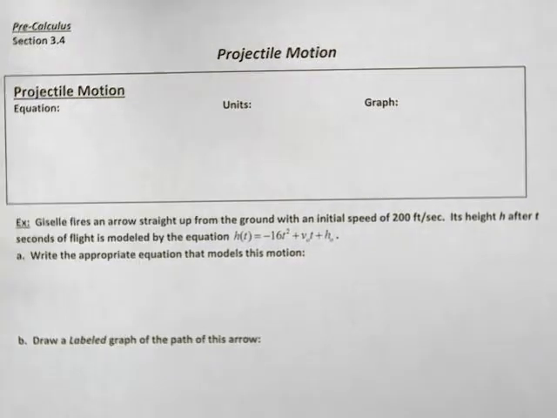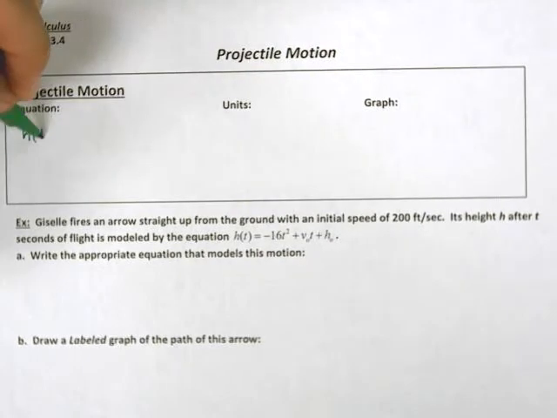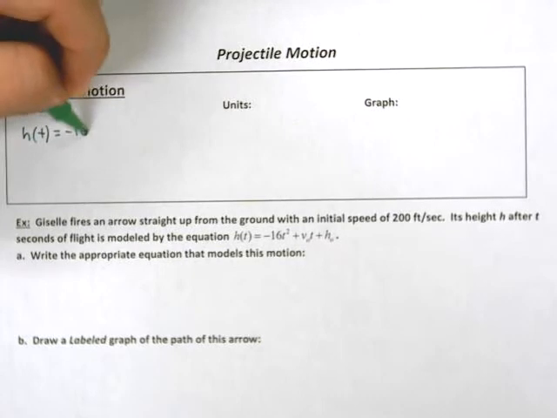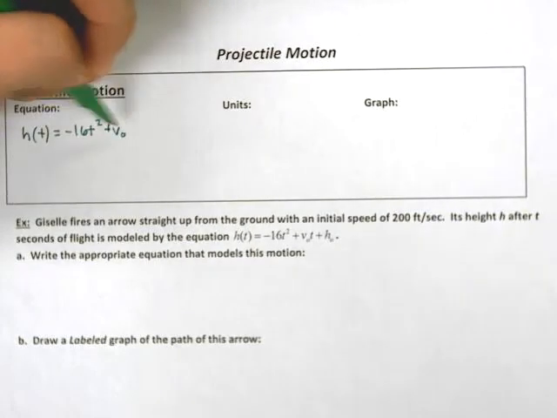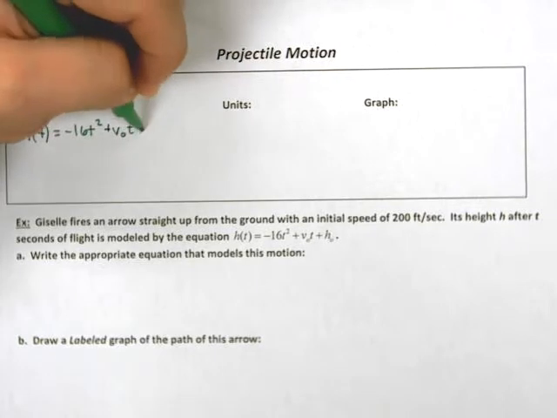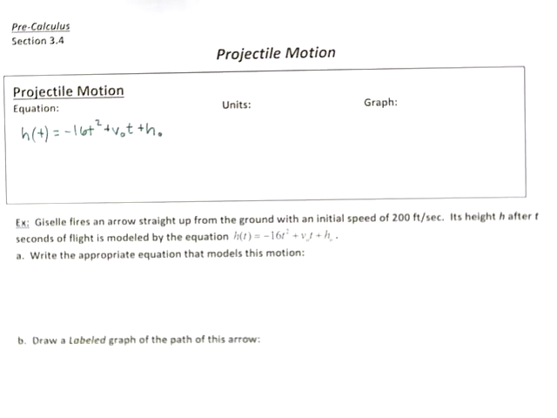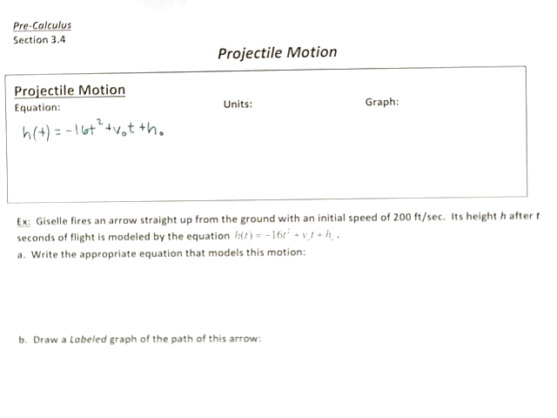So first thing we have to do is set up our projectile motion equation. Okay, it's always going to look like this: h of t equals negative 16t squared plus v naught t plus h naught. Okay, and if we think about this, we know what a lot of these letters and numbers represent.